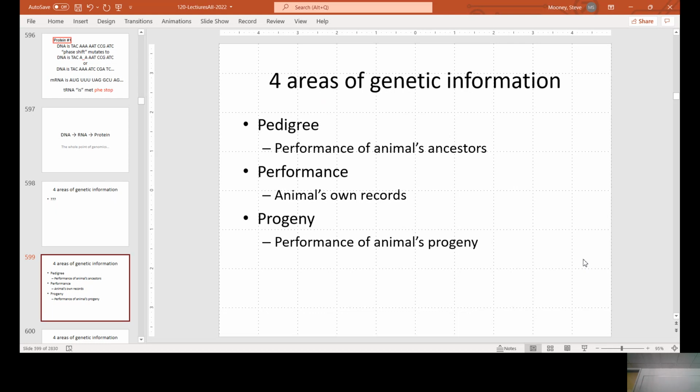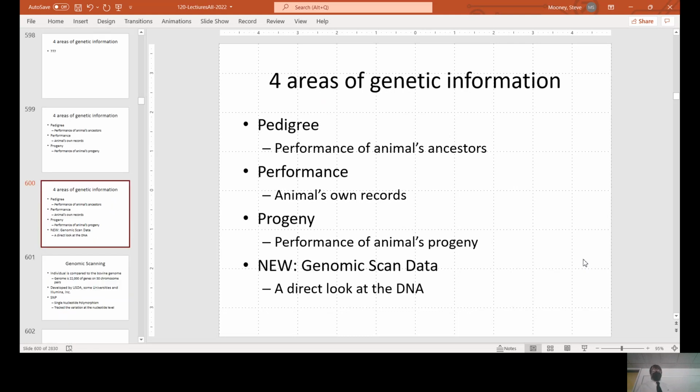In all these cases, we're inferring what the DNA might be. Based on probabilities, based on likelihoods, we're guessing what that DNA might be. The new approach is a direct look at the DNA. What is there, and then what does that mean?